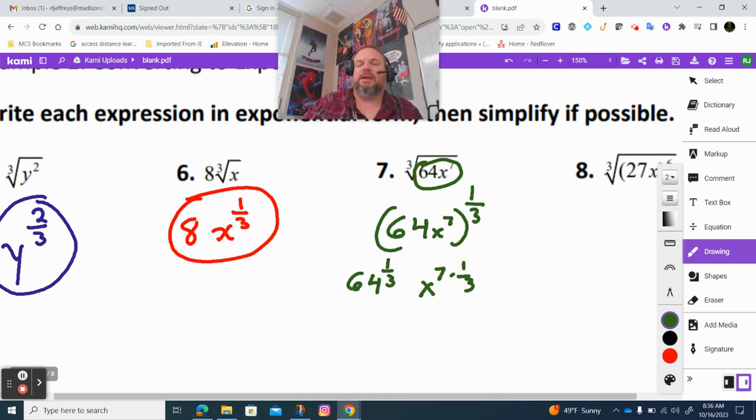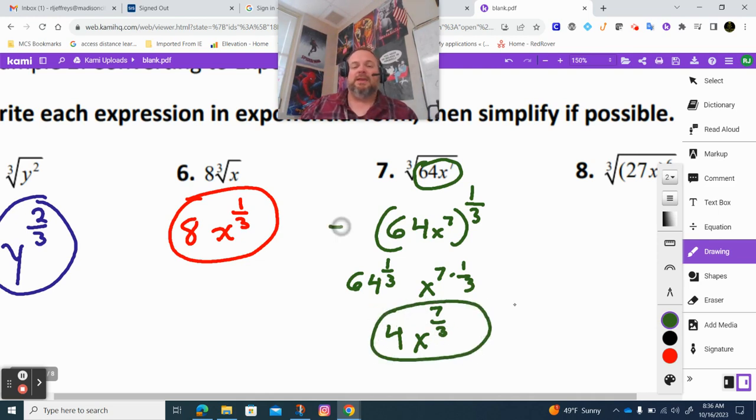Again, you won't have one like this on the test, but I'm showing you. The cube root of 64 to the third power is actually 4. This is 7 over 3. Again, not on the test, but this is okay for my class. This is standardized test.